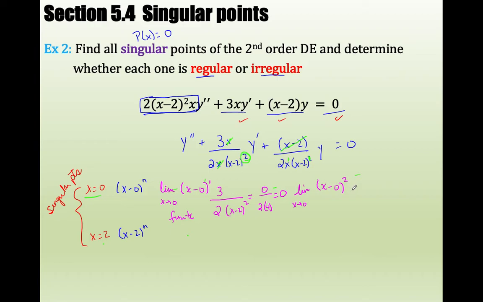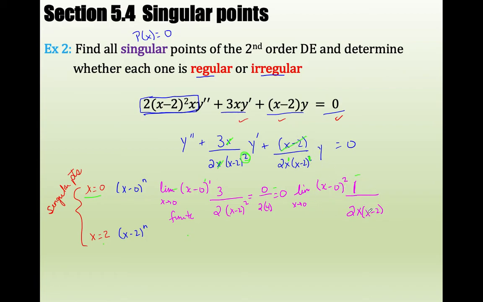And then over here, canceling out the x over 2, I just have, whoops, I forgot an x here, didn't I? So 2x, x minus 2 to the first, because I canceled out this x minus 2.